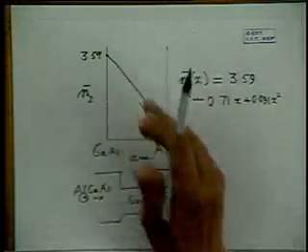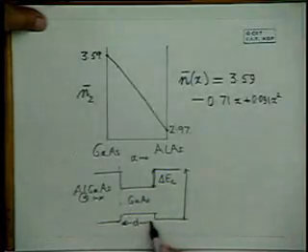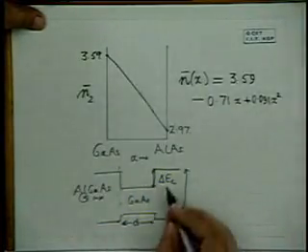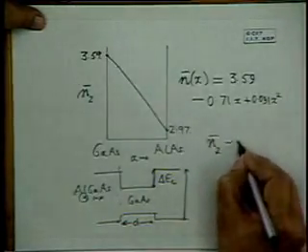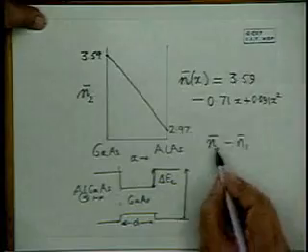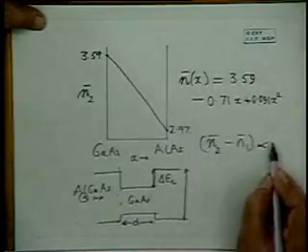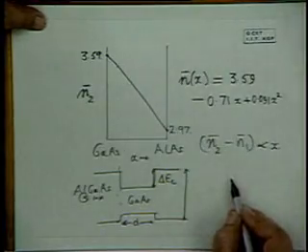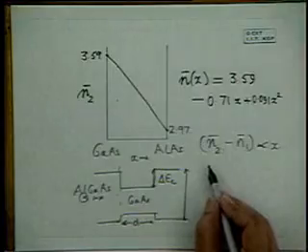So now you see that N2 minus N1 is proportional to x, a function of x. So the confinement factor will also be a function of x.